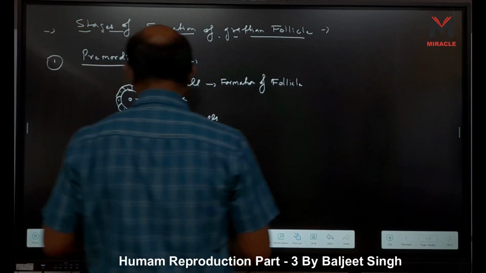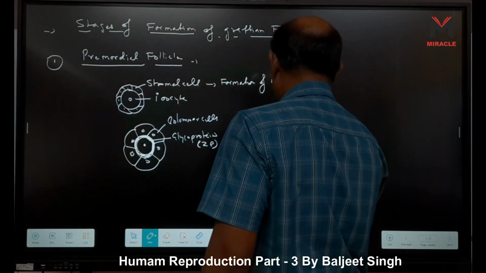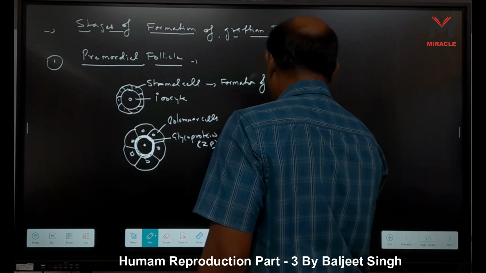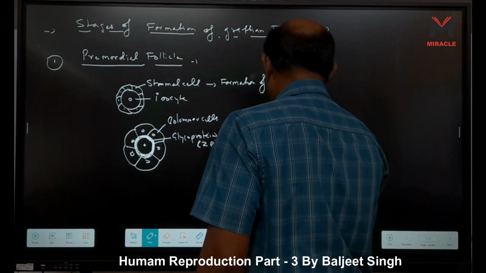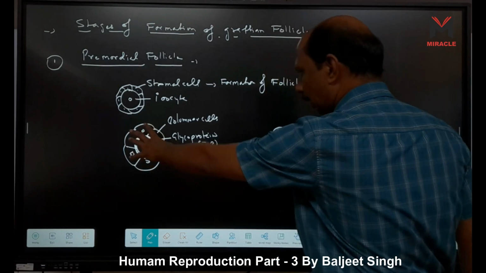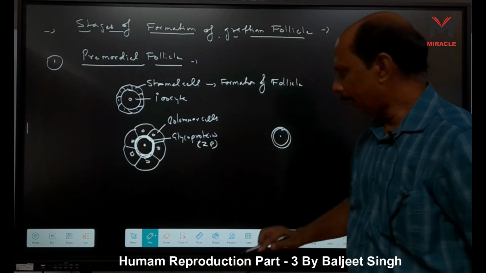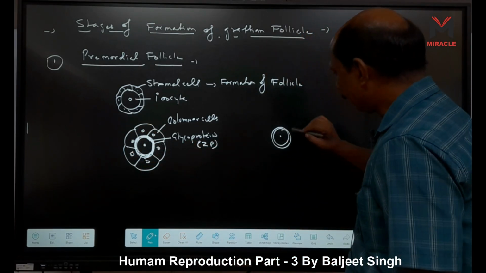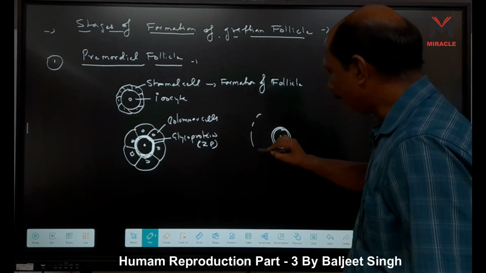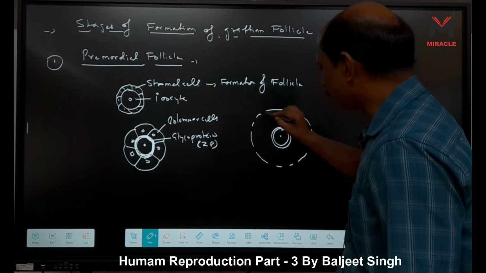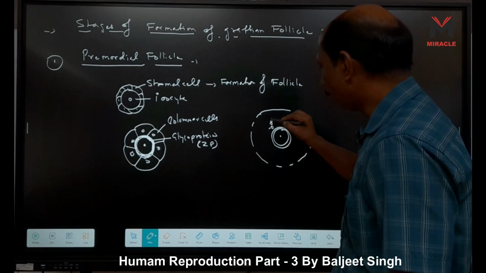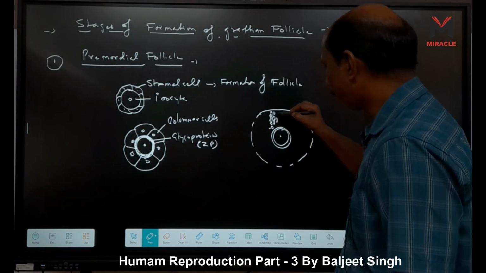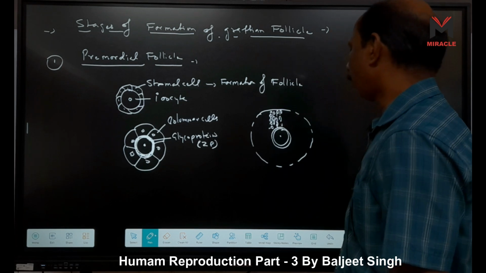Then what happens? Around this oocyte, here is another layer, the zona, and these columnar cells divide and form a number of layers of cells, 1, 2, 3, 4, a large number of cells.